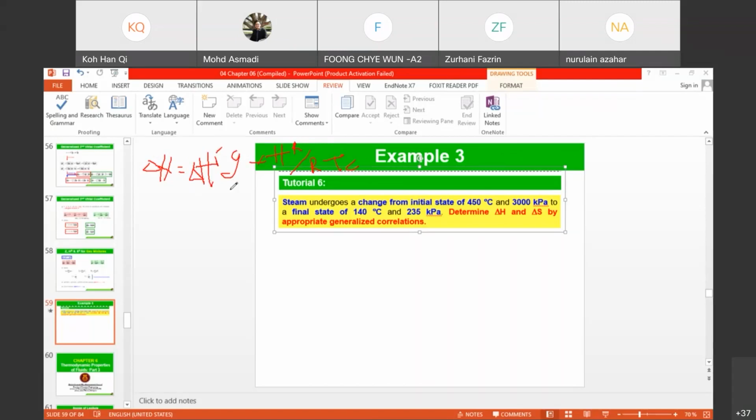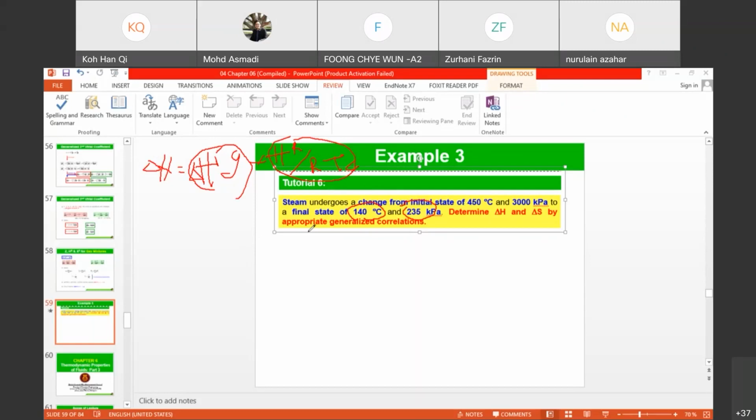So how to determine delta Hig and HR over RTC? If you look here, this condition is only 235, right? So you can use a video. Is, how to say?